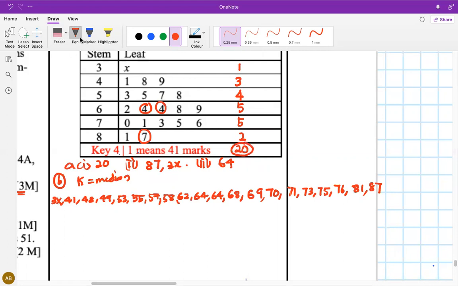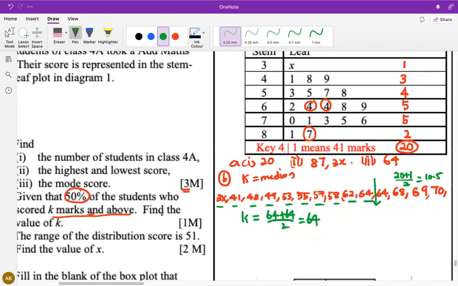So we have to divide into 2, that means 10 on the left and 10 on the right. So 1, 2, 3, 4, 5, 6, 7, 8, 9, 10. The middle is here because the position is 20 plus 1 divided by 2, so it's 10.5. So the median, the K, will be 64 plus 64 divided by 2. That is 64 also. So the median is 64.